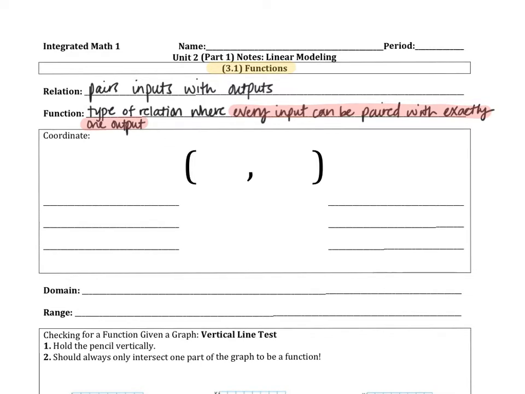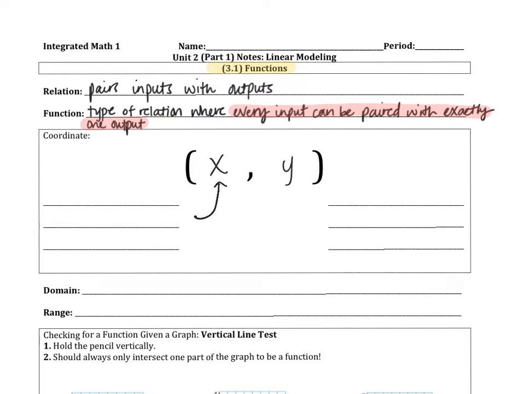Okay, so maybe we might be thinking about what the heck is an input or an output? Well, here we go. We've got a normal coordinate like we have seen before with graphing. We know the first element of that coordinate is an x and the second is a y. We have some other names for this x value, and those three names are interchangeable.